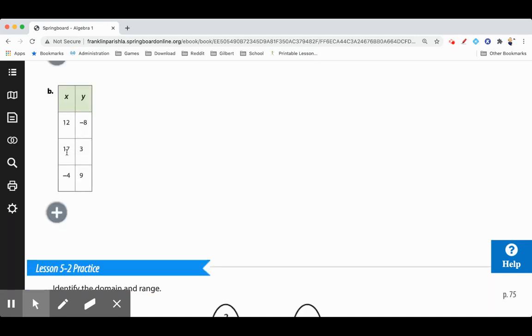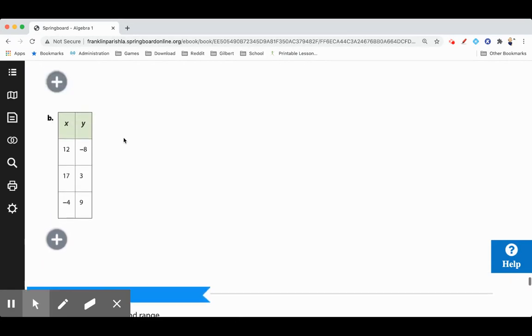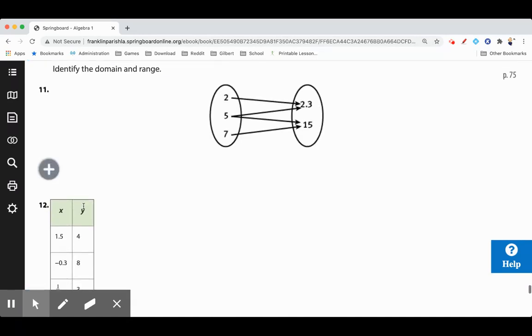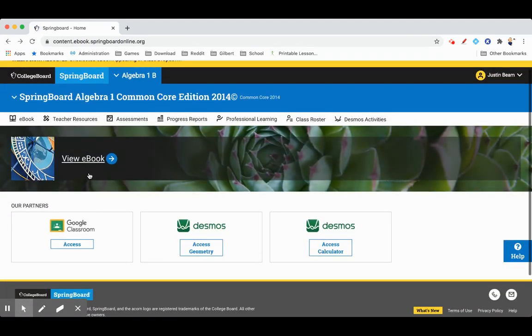Domain 12, 17, -4. Range -8, 3, 9. Remember, input domain, output range. X coordinates domain, y coordinates range. Try 11 through 15 to see if you have any questions about this lesson.